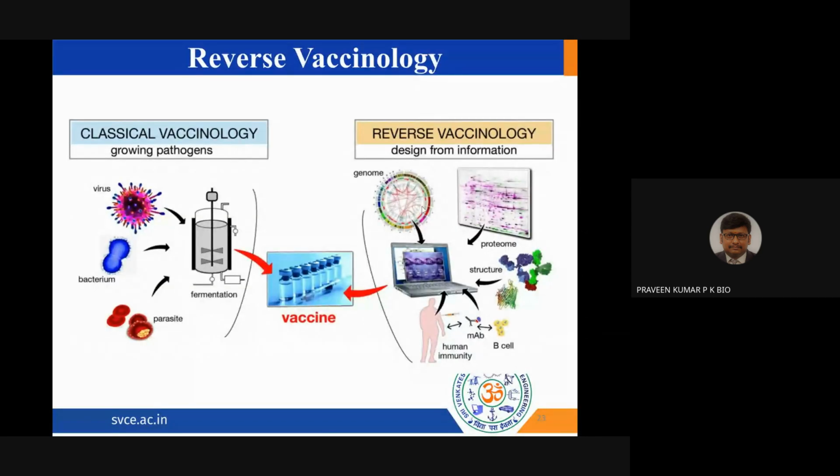If you say reverse vaccinology, one should know what classical vaccinology is. Generally, for vaccines, live attenuated, killed, whatever types of vaccines we use for precautionary purposes, to get rid of viruses, bacteria, parasites.